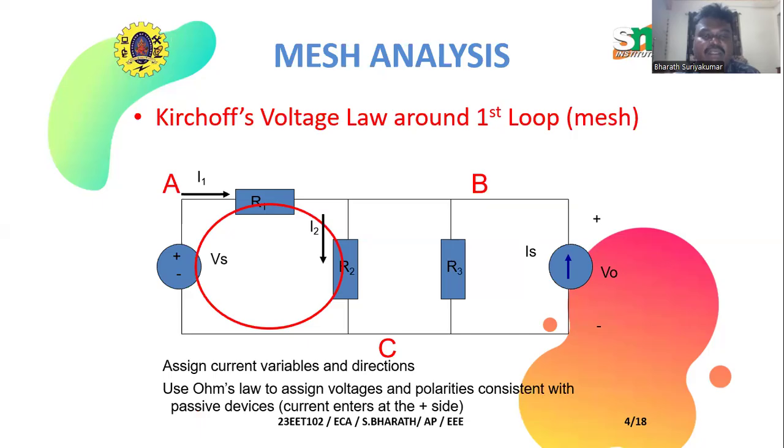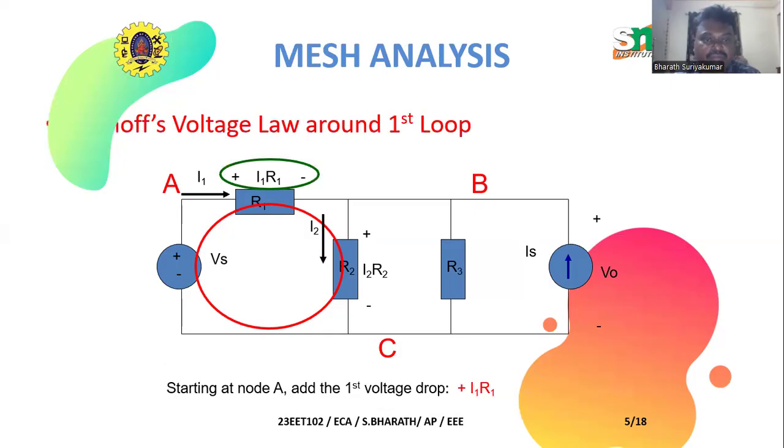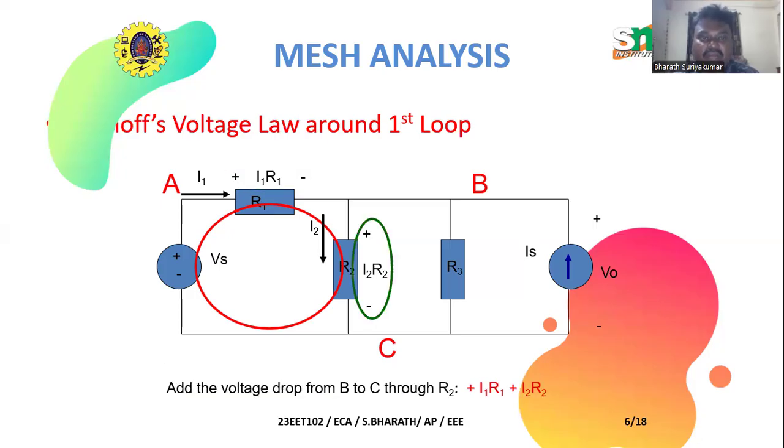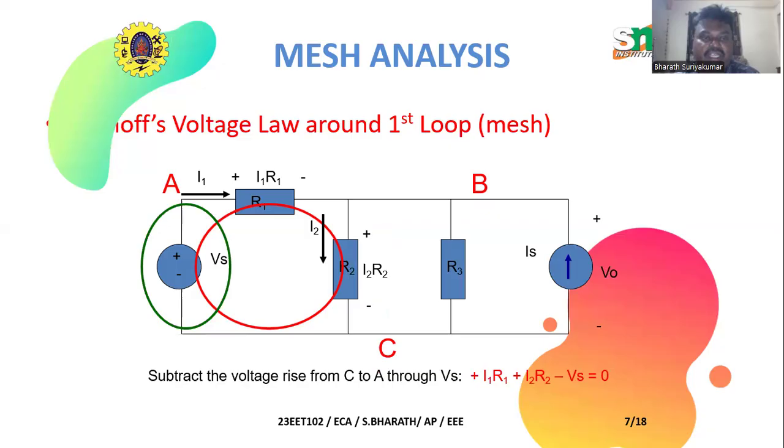Starting at node A, the first voltage drop is I1 R1, the second voltage drop is I2 R2, that is I1 R1 plus I2 R2, and the voltage rise is taken as Vs, minus Vs equals 0. So as per Kirchhoff's voltage law, we form the mesh equation: I1 R1 plus I2 R2 minus Vs is equal to 0.